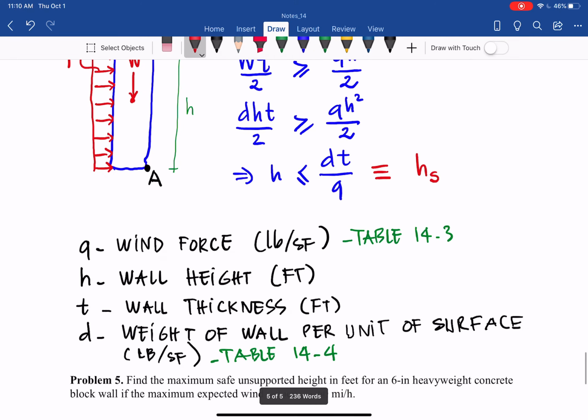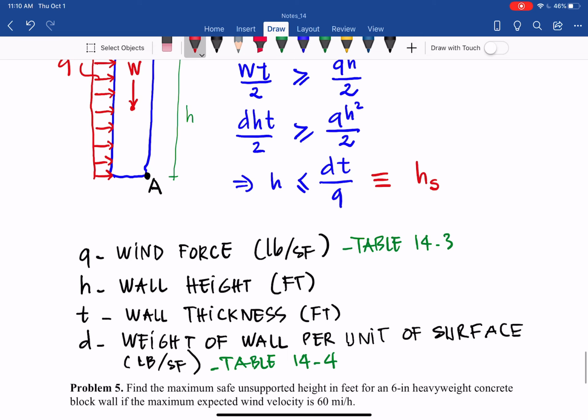For d, we go to table 14.4, and for q, go to table 14.3.